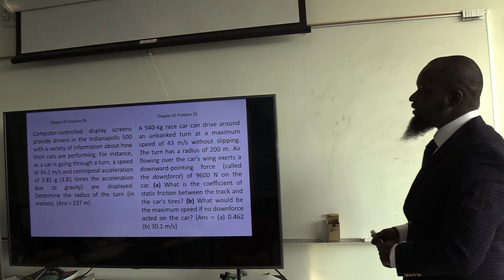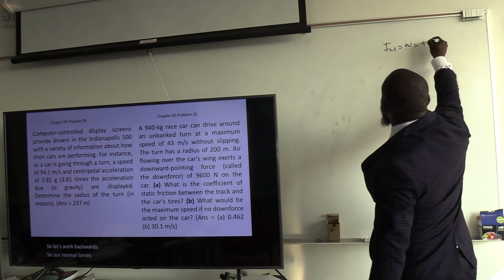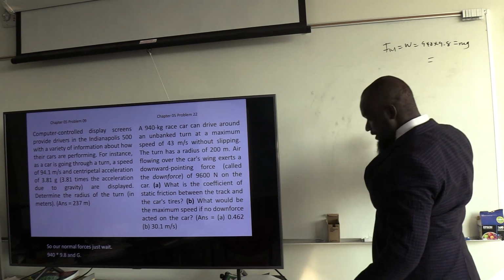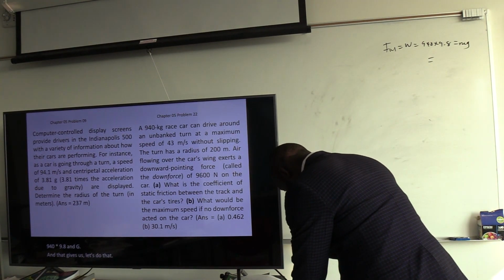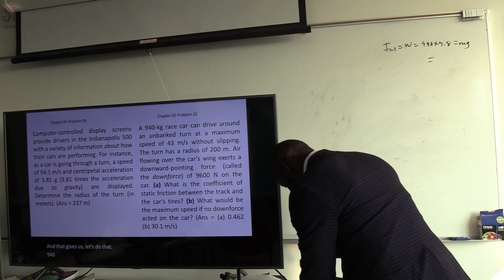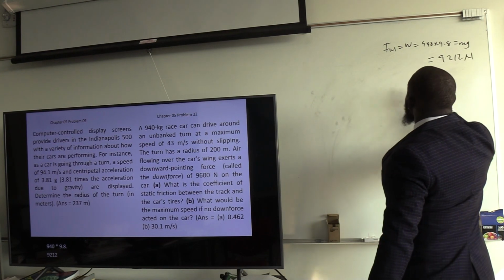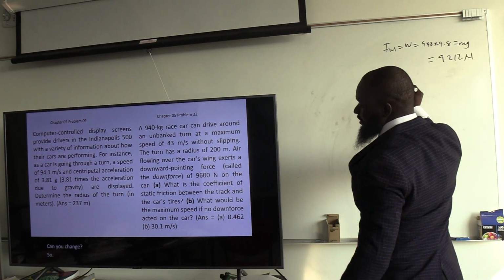So let's walk backwards. Our normal force is just weight, 940 times 9.8, mg. And that gives us 9212 newtons. So our mu stays constant, it doesn't change.